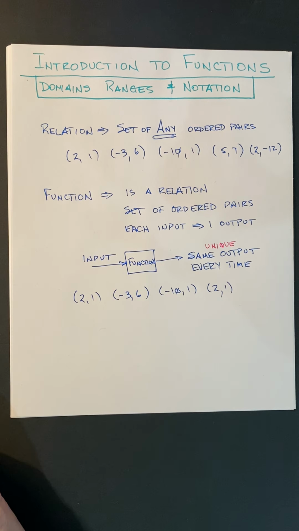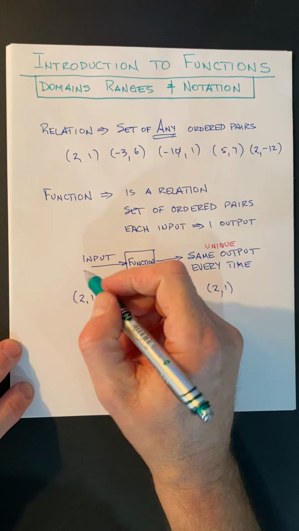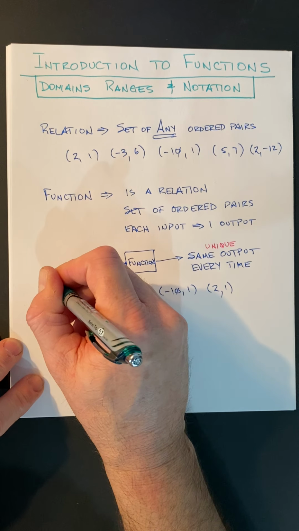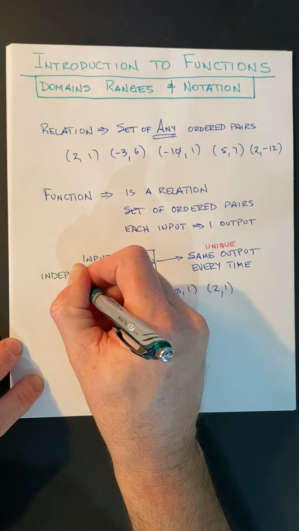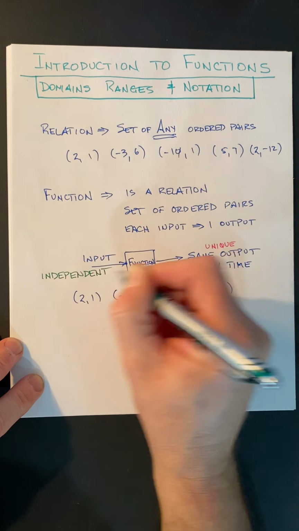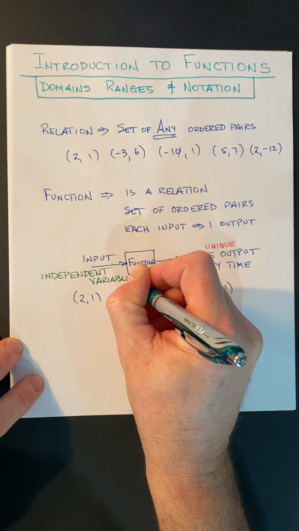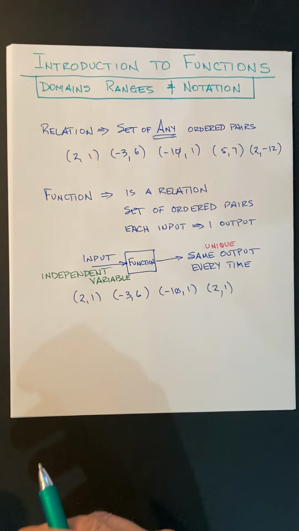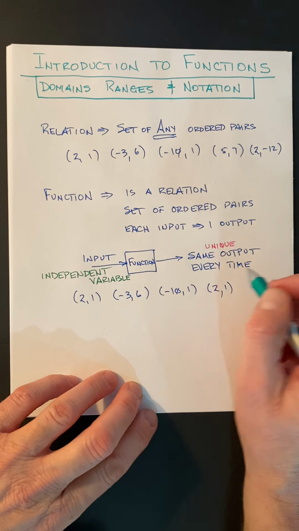Now, there's a couple of terms that we can think of related to all of this. An input is also going to be known as the independent variable, okay? So when we have an input, what's going in is independent of the actual function itself.